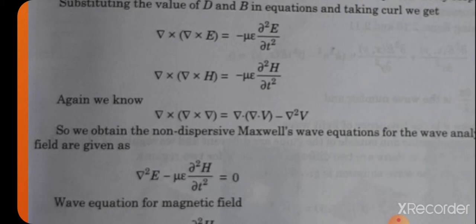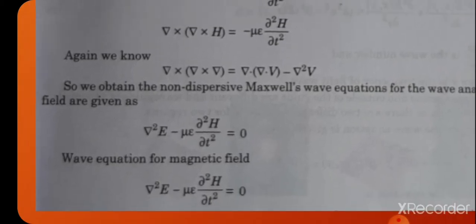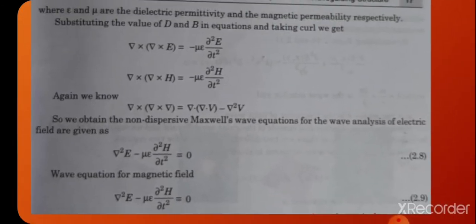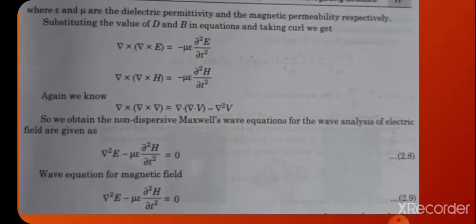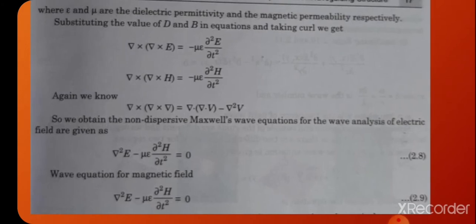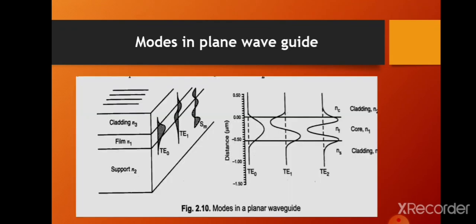Also by simply substituting those values and rearranging equation 1 and equation 2, we will get the wave equations for the electric field as del square E minus mu epsilon into dou square H by dou T square equal to 0, and for the magnetic field also it is del square E minus mu epsilon into dou square H by dou T square is equal to 0. So the equation numbers are marked.